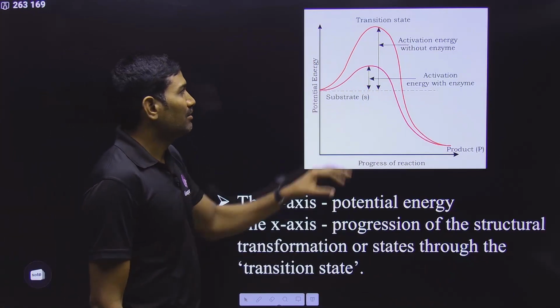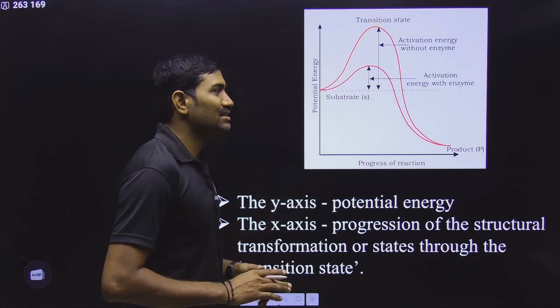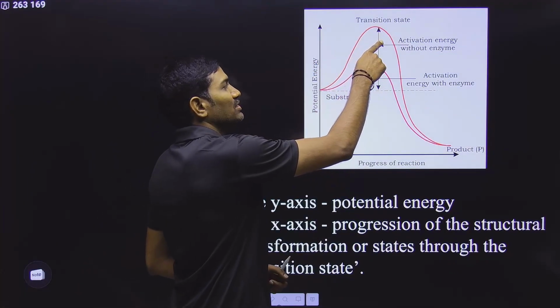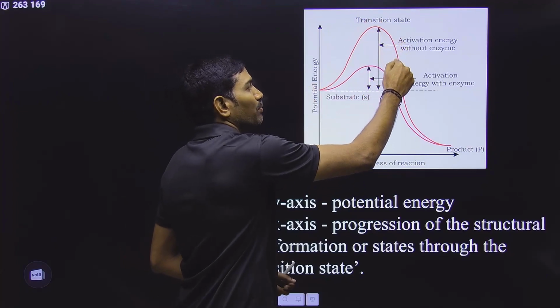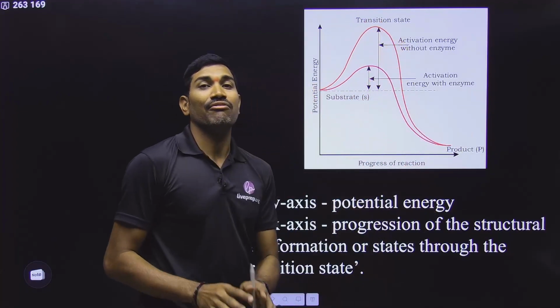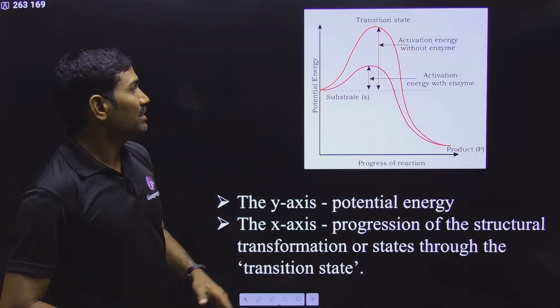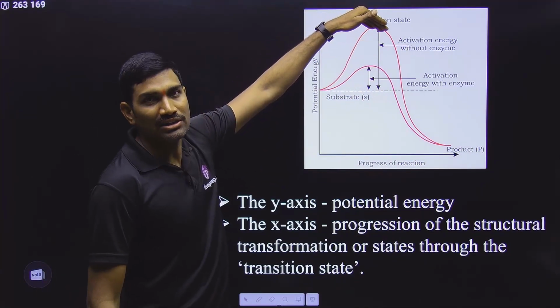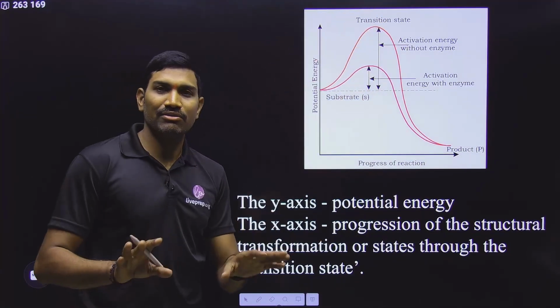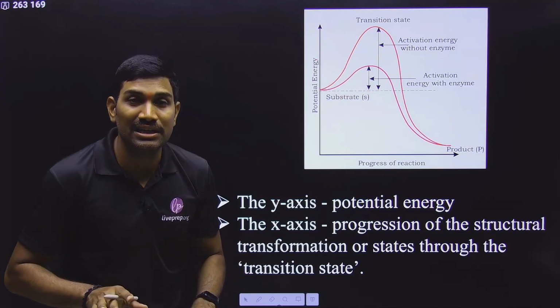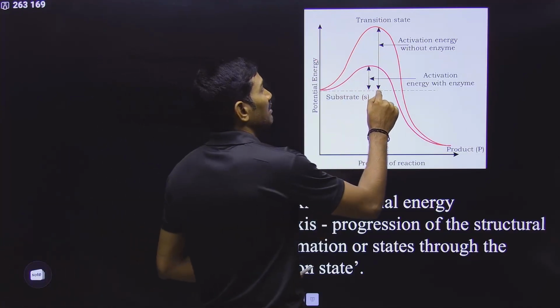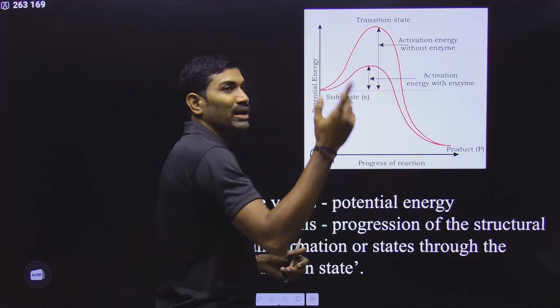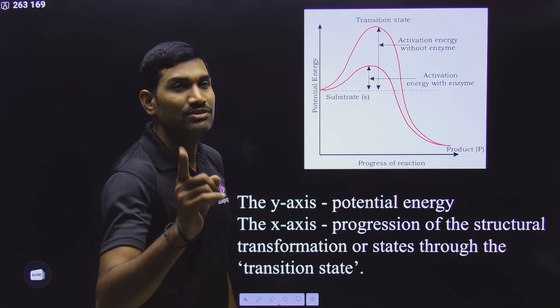But ultimately, from this diagram you can easily understand that if enzyme is not present, the energy required to pass the transition state is very high. Please remember, the transition state is present in both cases, whether enzyme is present or not; the transition state is compulsory. But the amount of energy required to pass that transition state is very important.